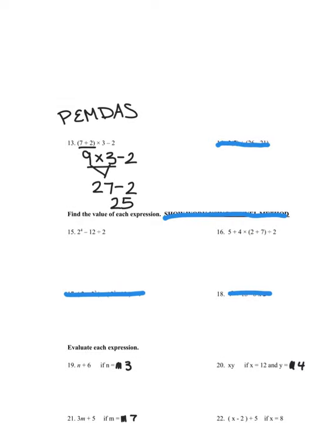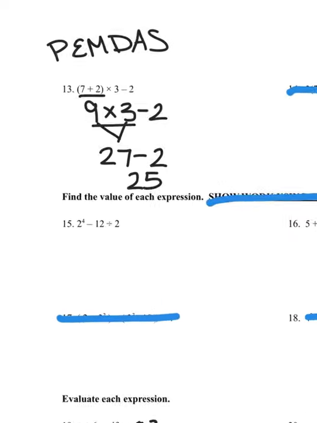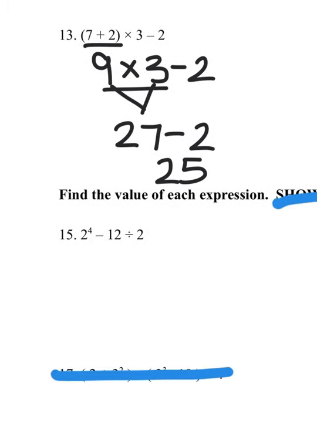For the next set of problems, it asks us to find the value of each expression. So again, we're using our PEMDAS. For 15, I don't have any parentheses. I do have exponents, so we're going to go ahead and do that first. So our exponent is telling us 2 to the 4th power, which is the same thing as 2 times 2 times 2 times 2.